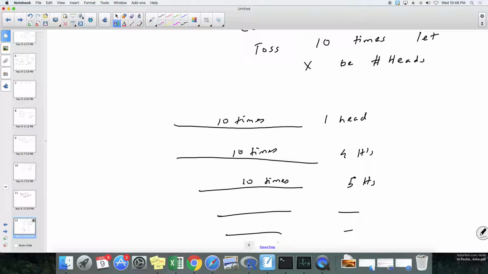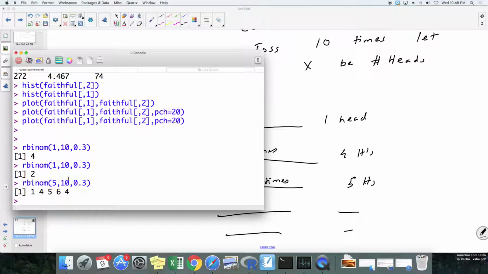So basically you just got 5 values. The 5 here means you are getting 5 simulated values from the distribution of binomial 10, 0.3.